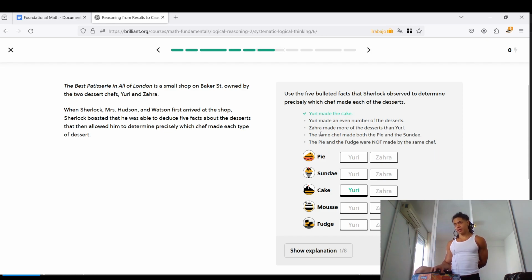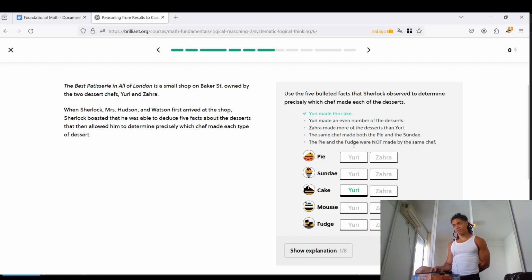All right, but the same chef made both the pie and the sundae. So if you put it this way, it is not fulfilling the condition.